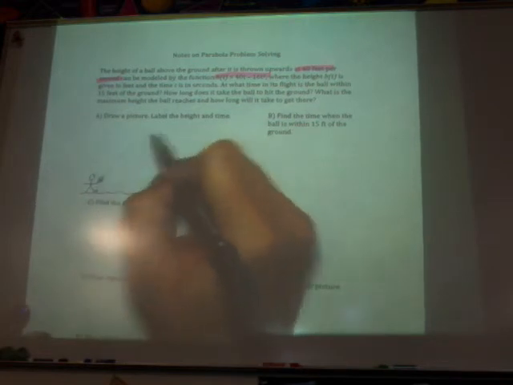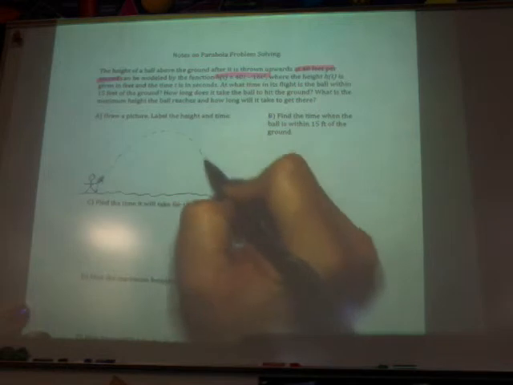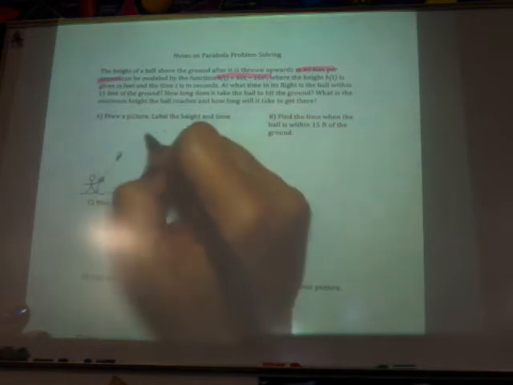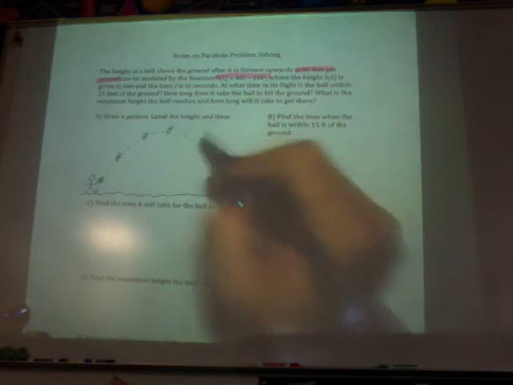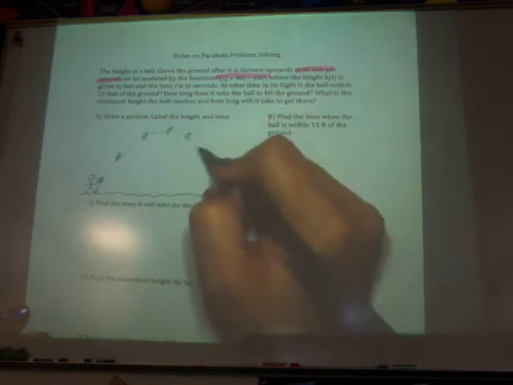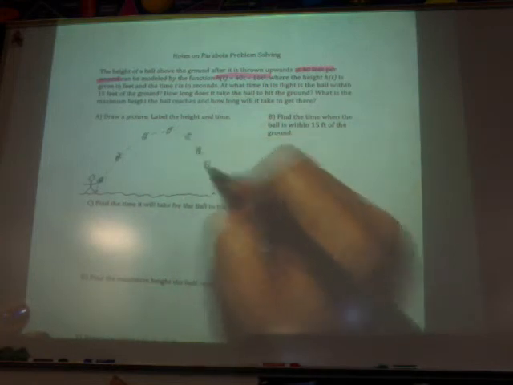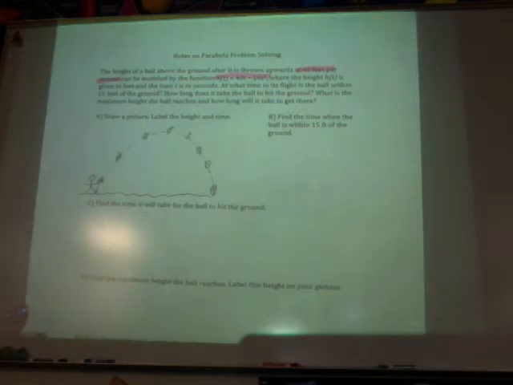And I throw this ball up, it's going to make a parabolic arch through the air, and it's eventually going to hit back down there on the ground. So this ball is going to go up in the air. It's going to reach, wouldn't that be the maximum height? And it's going to come back down eventually. And it's eventually going to hit the ground.